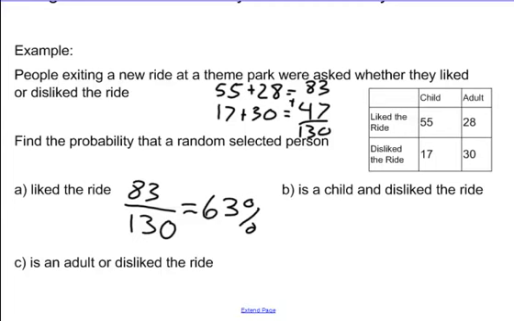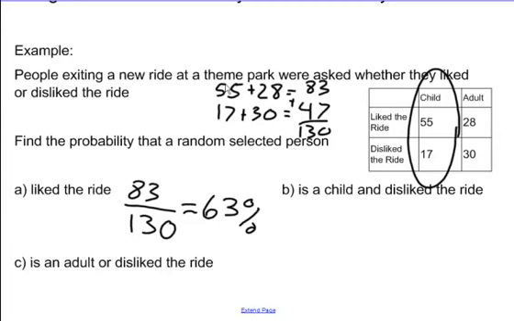Now, we're going to go into a little bit of a trickier topic. What is the probability that you selected a child and he or she disliked the ride? So now we're not only looking at this category.